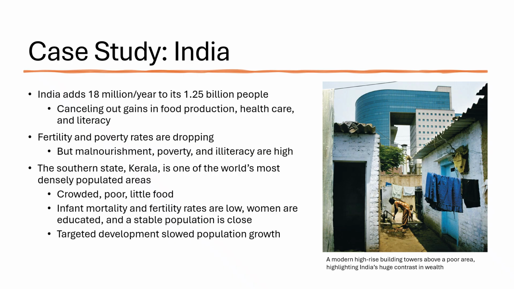They're trying to lift up the population. As a result, infant mortality and fertility rates have decreased. They're now very low. Women are educated, and in this area, even if the population is very large, the population is very close to being stable.